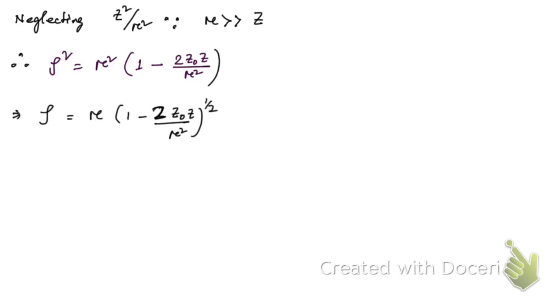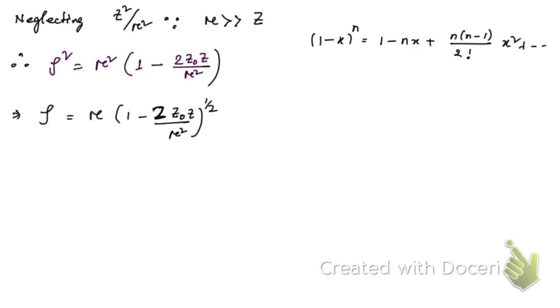Now if you expand 1 minus x whole to the power n, it will be equal to 1 minus nx plus n into n minus 1 by factorial 2 times x square. Here actually we have factorial 1, which is 1, that's why we don't write it. Then plus dot dot dot, and the next term will be n into n minus 1 into n minus 2 by factorial 3 times x to the power 3. That's how we're going to get it.